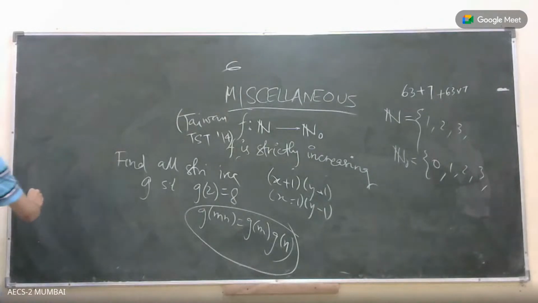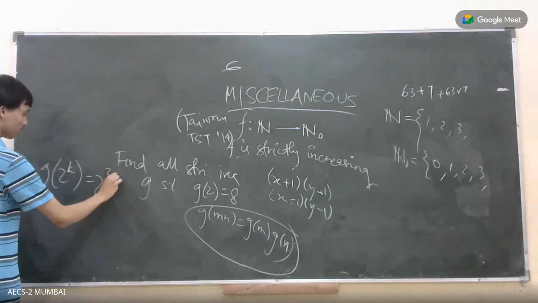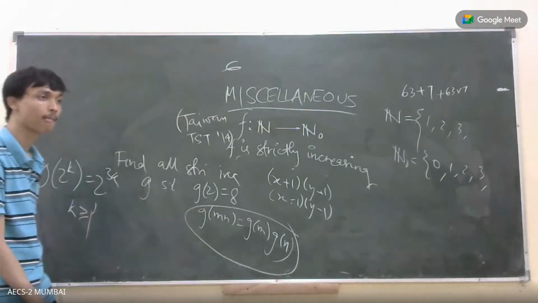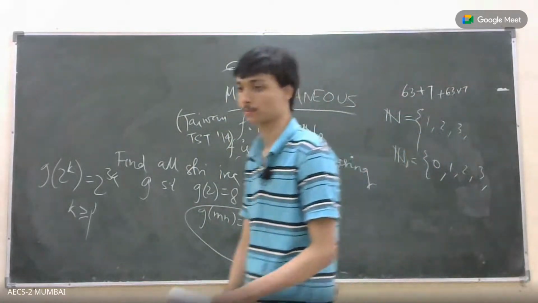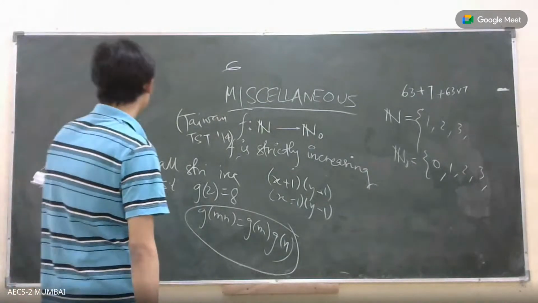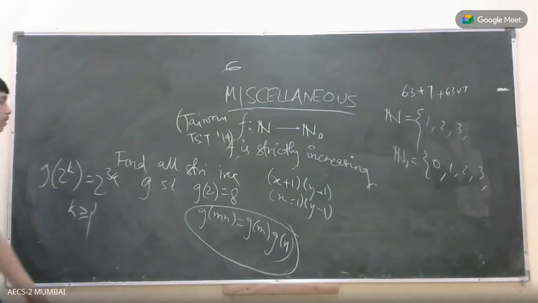So can you prove using induction that g of 2 to the power k is 2 to the power 3k for k greater than or equal to 1? It is very easy to prove, right?